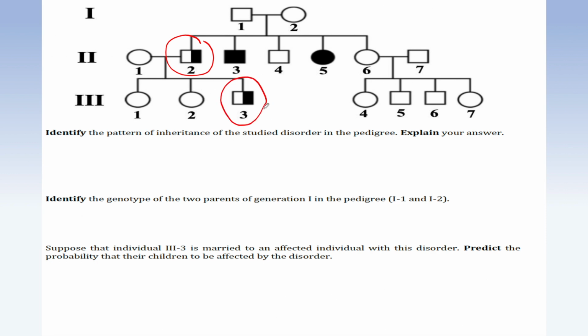Once we have a carrier, that means it is a recessive disorder. So I have 2 clues. The first one, a skipped generation without affecting any person. The second one, when we have carriers. So the right answer here is what? It is a recessive disorder. Okay?